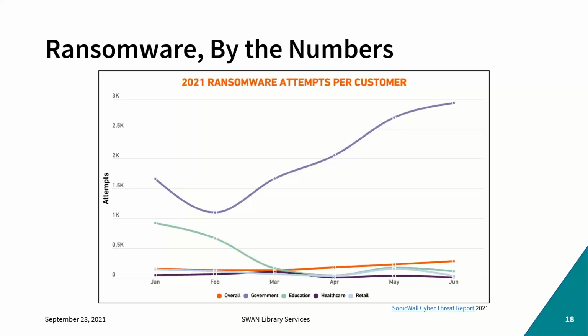This is ransomware attempts per customer in 2021, and you can see the dark blue line skyrocketing. That's actually government. SWAN is somewhere between government and education for the most part, but that still ties to us. Managed service providers, healthcare, education, and government entities are becoming common targets. And why is that?